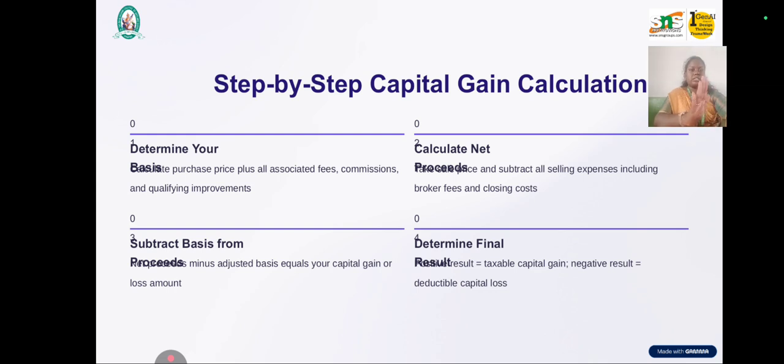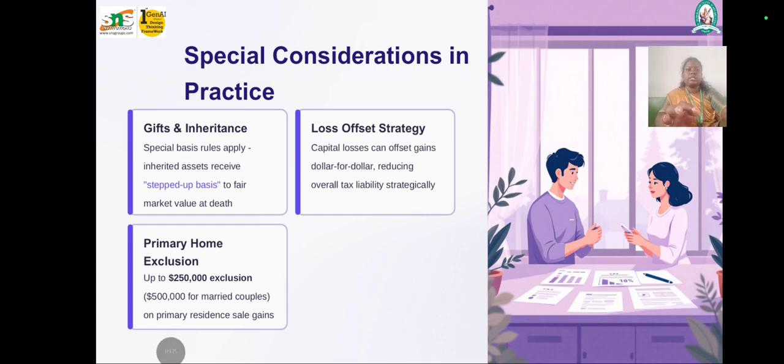And the third one is to subtract the adjusted basis from the sale price, which equals your capital gain or loss amount. Next is to determine the final result: a positive result will be a taxable capital gain, and a negative result will be a deductible capital loss.